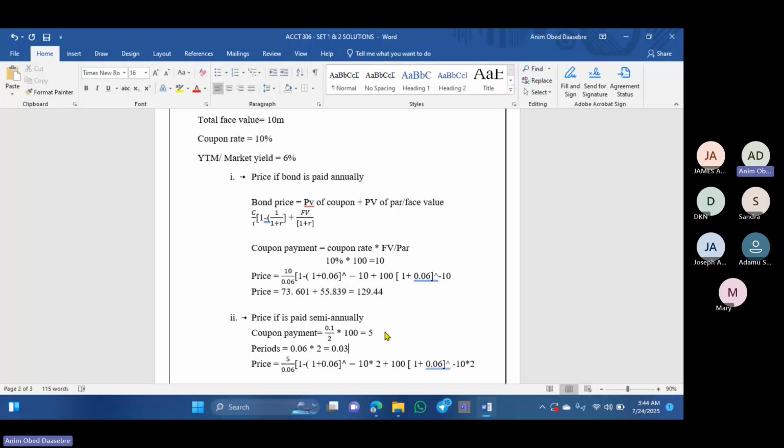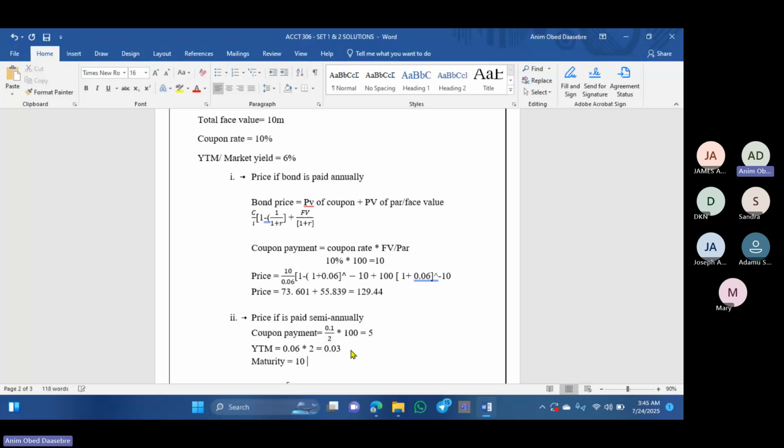That is the yield to maturity. And the maturity date, the 10 years.